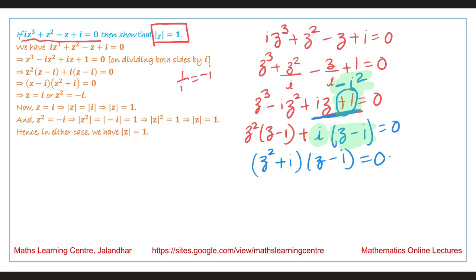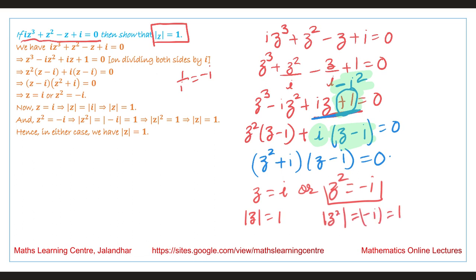So what we get from this is, from these equations we are getting z is equal to iota, or we are getting z square is equal to minus iota. So in both these cases, if we calculate the value of mod z, the answer we have is 1. And in this case also, if we calculate the value of mod z square, that is equal to mod of this, that is equal to 1.